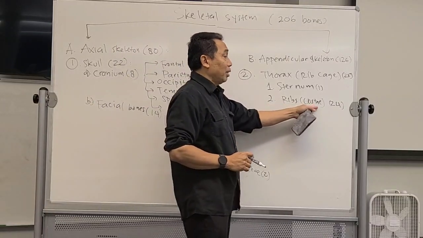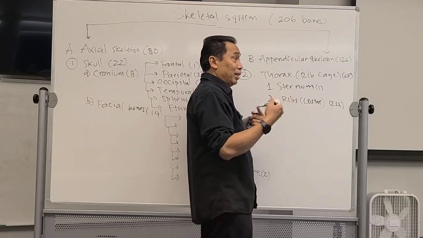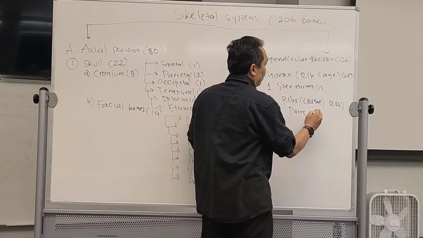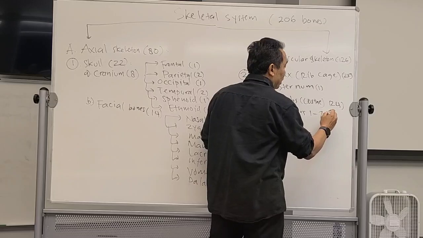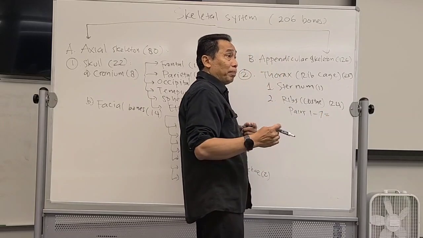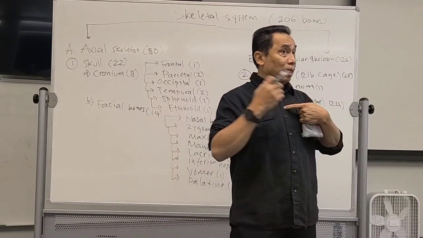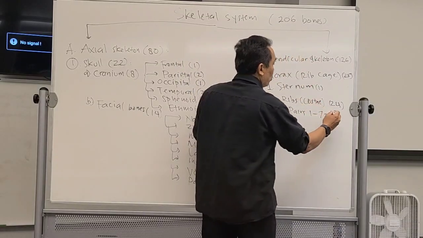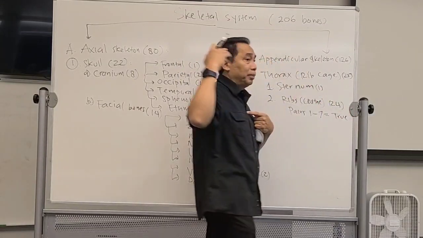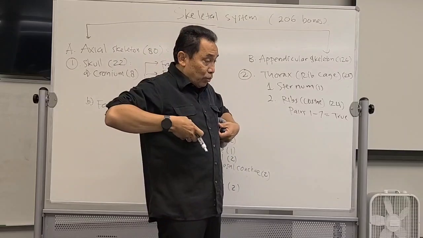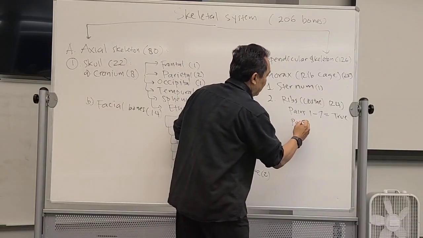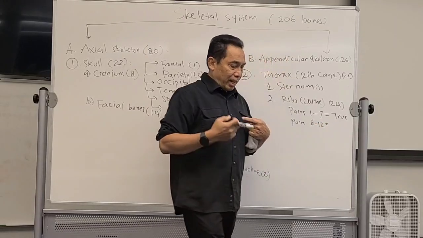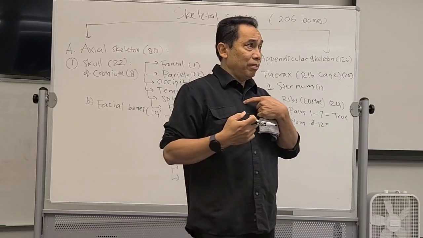The ribs, the costae, are actually in pairs, right? So 12 pairs. Pairs number 1 to number 7 are true ribs, because they are connected to the sternum and also to the back, to the vertebrae. True ribs. The next ones, pairs number 8 to 12, are not directly connected to the sternum.